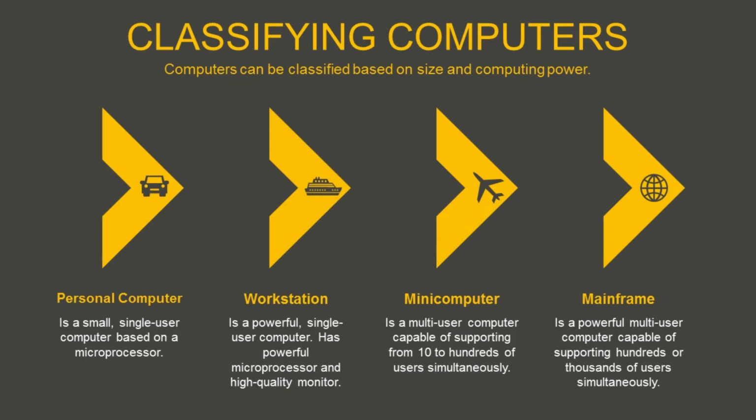So first is the personal computer. A personal computer is a small, single-user computer based on a microprocessor. No? A personal computer has a keyboard for entering data, a monitor for displaying information, and a storage device for saving data.